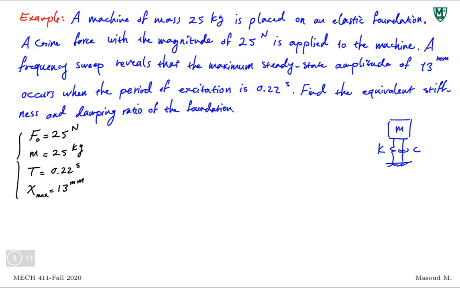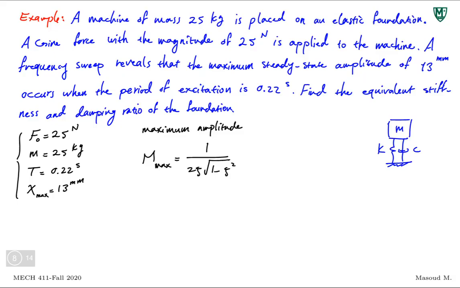So let's start with the maximum amplitude. Well, we know that M max occurs at 1 over 2 zeta square root of 1 minus zeta squared.